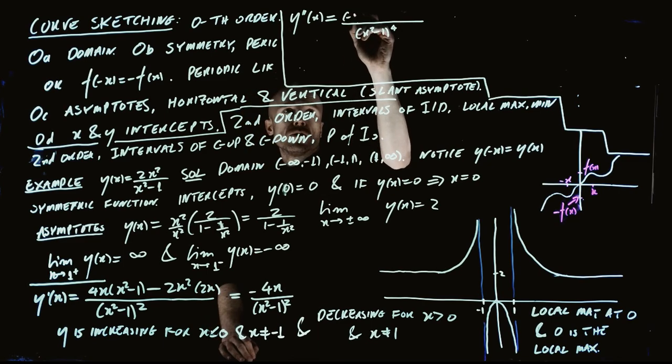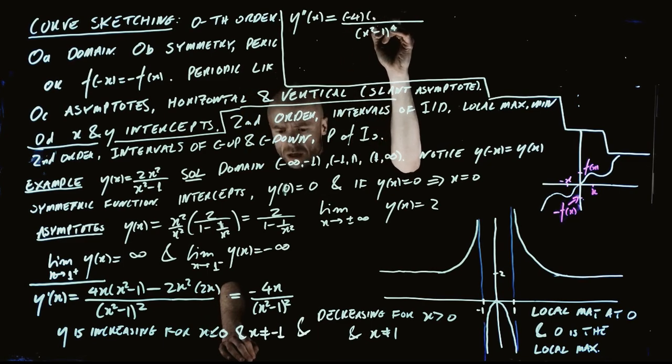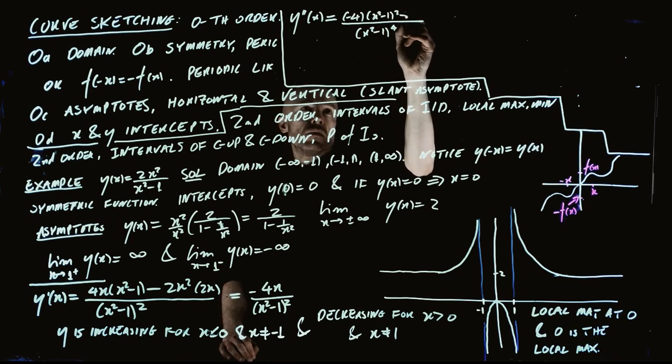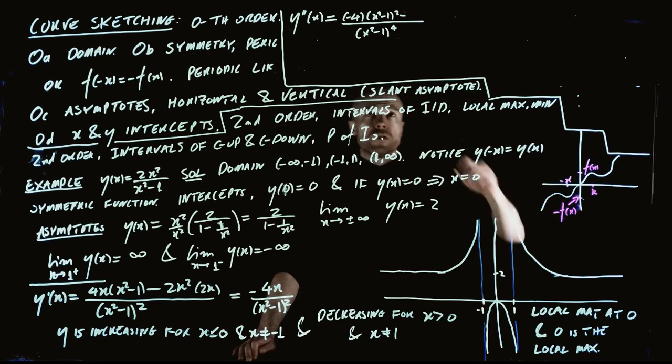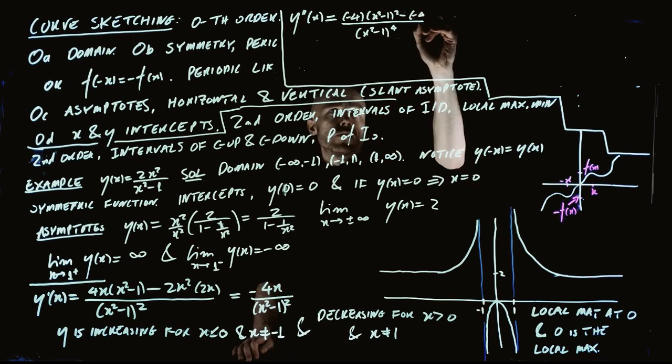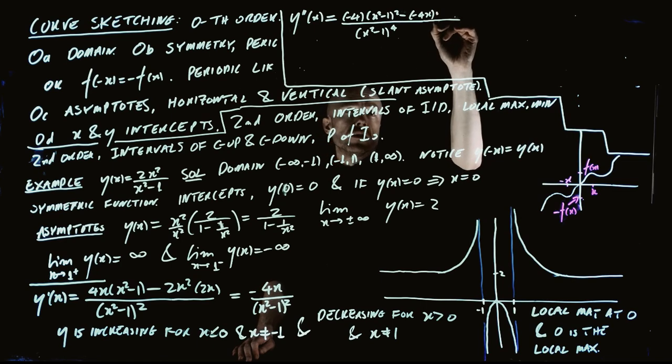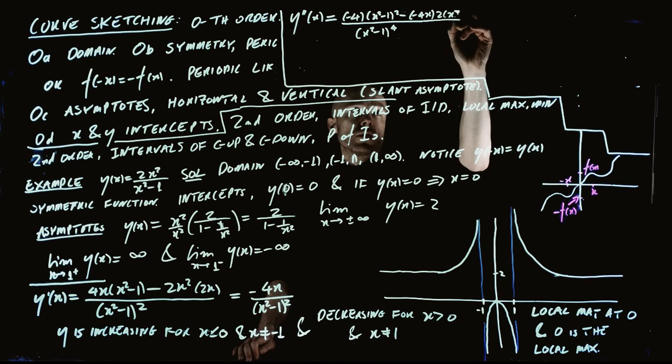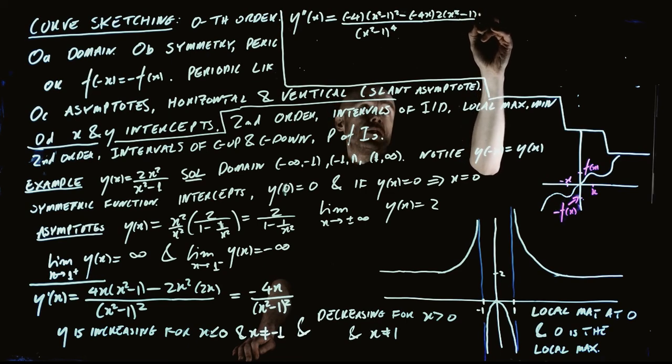So we have minus 4 times x squared minus 1 squared, minus. Leave the top guy alone. So we have minus 4x. And now we're going to differentiate the bottom guy. We're going to have 2 times x squared minus 1 times 2x.